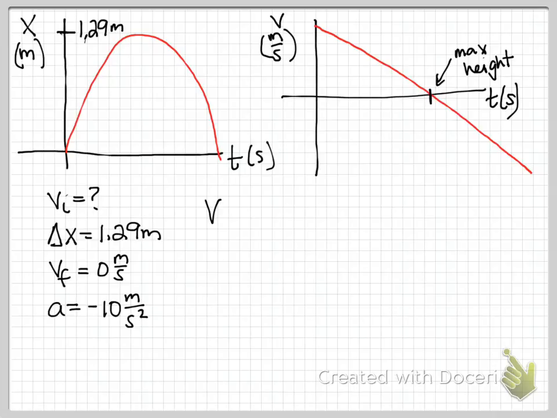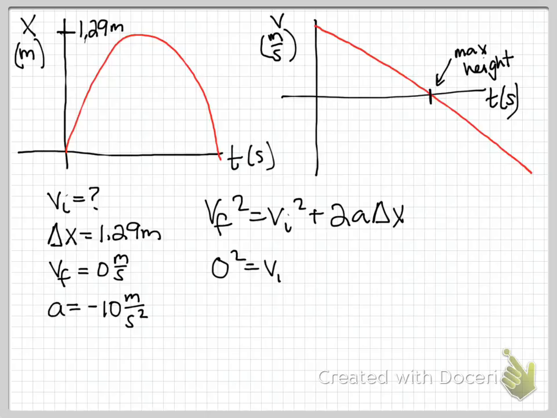V final squared equals V initial squared plus 2a delta x. Plugging things in, I get 0 squared equals V initial squared plus 2 times -10 meters per second squared times 1.29 meters.